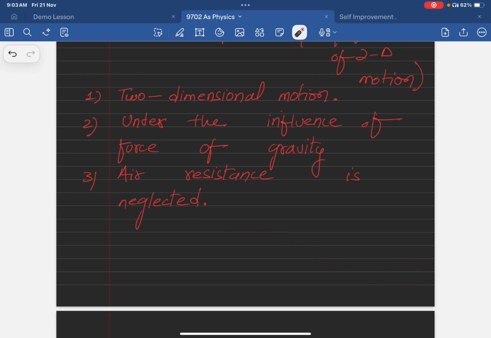You need to understand that if only one force acts and air resistance is neglected, then it becomes a projectile motion. So these are the comparisons. Not all two-dimensional motion is a projectile motion. These two conditions need to be fulfilled for projectile motion.